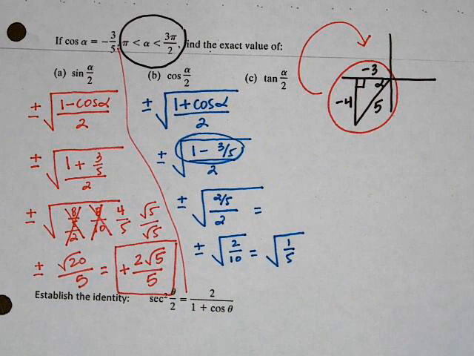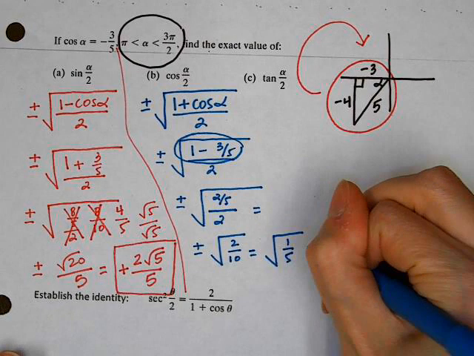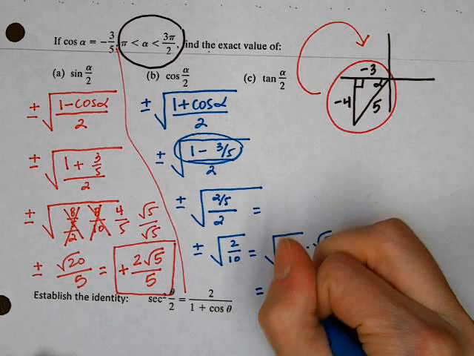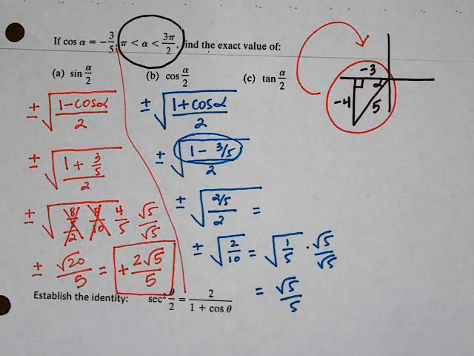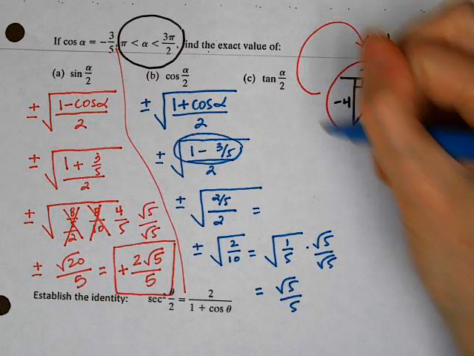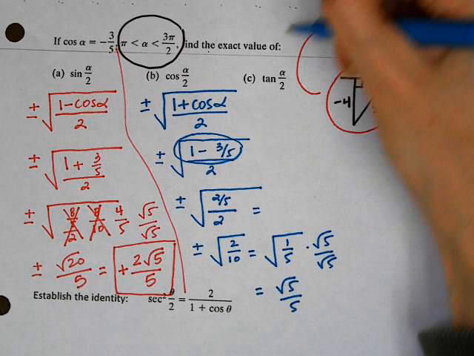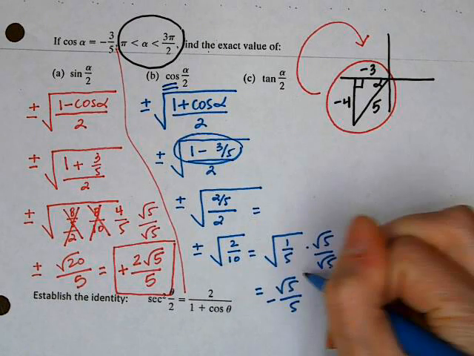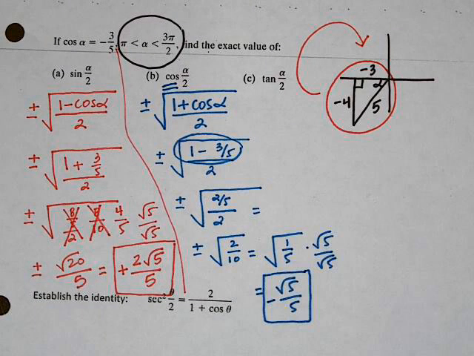And then if you rationalize it by √5 over √5, we end up with the square root of 5 over 5. Now let's talk plus or minus. If the angle's in quadrant 3, then the half angle's in quadrant 2, but cosine is negative there. So we want the negative version.